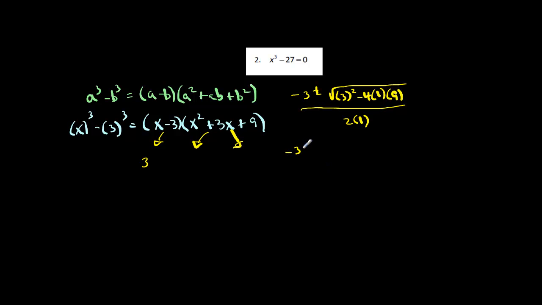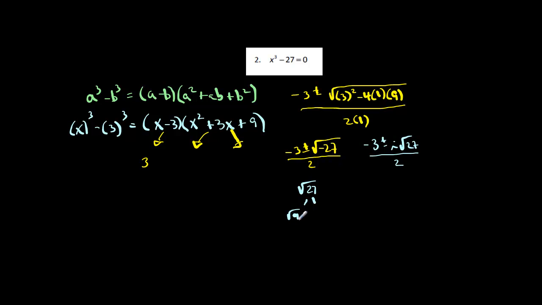We're going to have negative 3 plus or minus the square root. This is 9. 9 minus 36 is negative 27, all divided by 2. So if I extract the negative out, I'm going to have negative 3 plus or minus i root 27 all over 2. Let's break root 27 down.